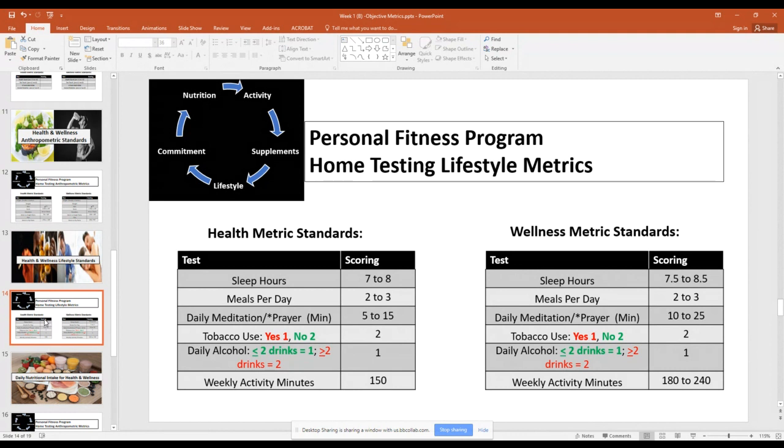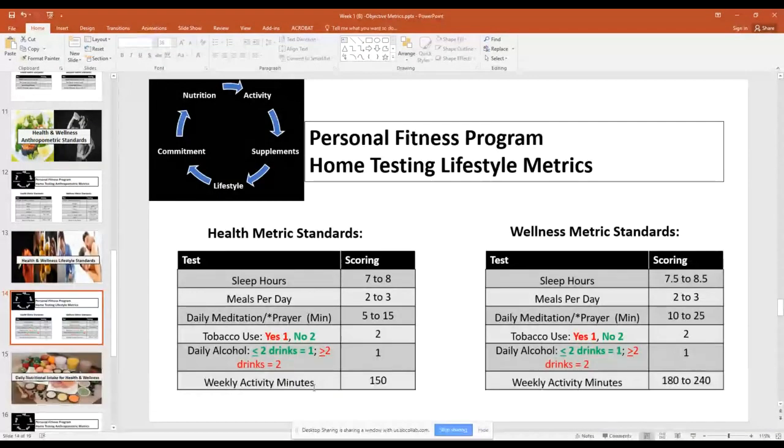That's more than 2 drinks a day. So that's what your goal is for men, for women, under 1 drink a day. Okay, so that's the story as it relates to health and wellness information. Anything more than that creates a stress on the liver and your weight management ability.